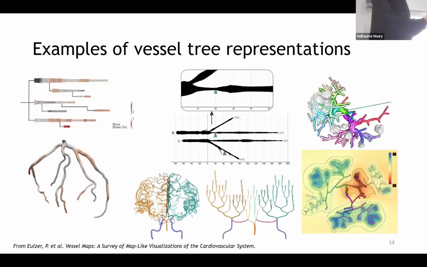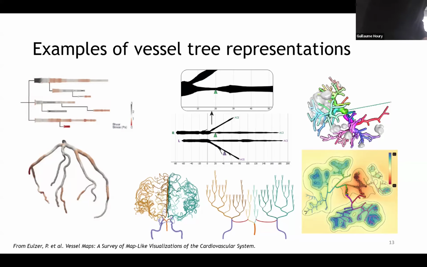And here are some examples of what has been proposed so far. In the vast majority of these cases, the information about the geometry is either absent or encoded in an abstract way. There are actually very few methods that really focus on the geometry and the curvatures of the vessels.